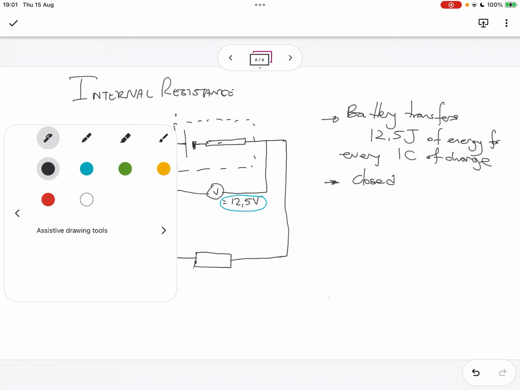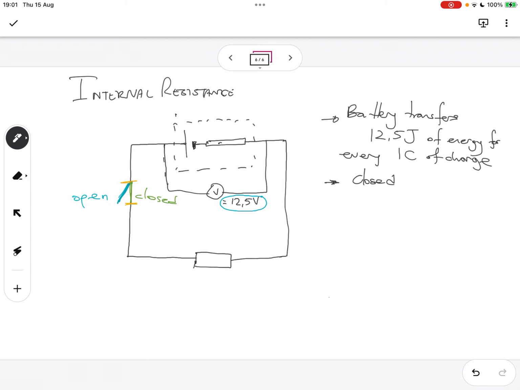When the switch is open, if we have a voltmeter, then the reading on the voltmeter would be 12.5 volts as the electromotive force that is in the battery. So this means that the battery will transfer 12.5 joules of energy for every 1 coulomb of charge.